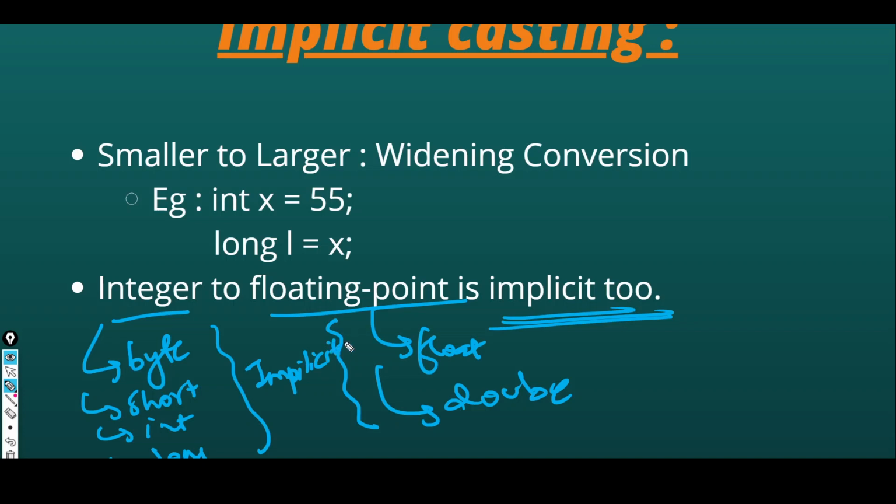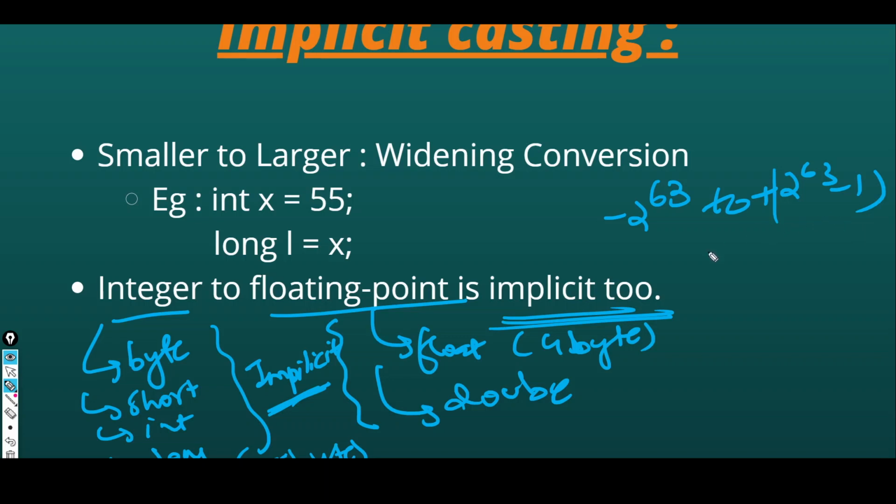Now you may encounter a question: since float is 4 byte and long is 8 byte, how could it be implicit? Because you would be thinking long is this and float is this. But it is wrong. When we were dealing with these data types, I said that long range is minus 2 power 63 to positive 2 power 63 minus 1, and the float range was something like minus 3.4 into 10 power 38 to positive.